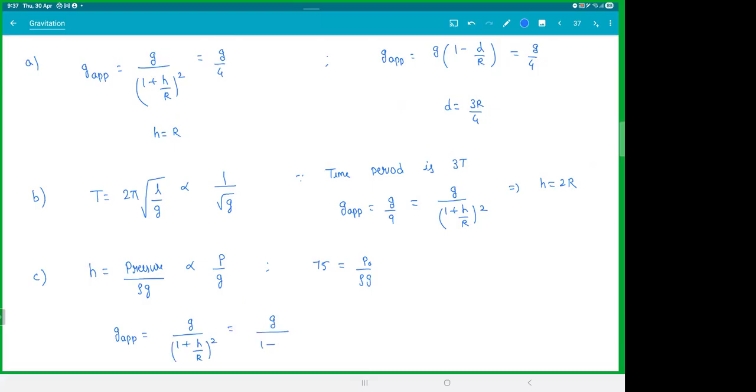That is G by 1 plus 3R by R whole square. That is G by 16. So the new height will be 90 centimeter. Pressure, I don't know. That's what I have to find. And the gravity has become G by 16. So this is your equation 1 and this is your equation 2.